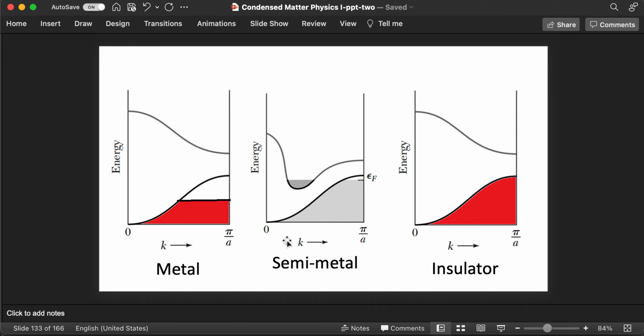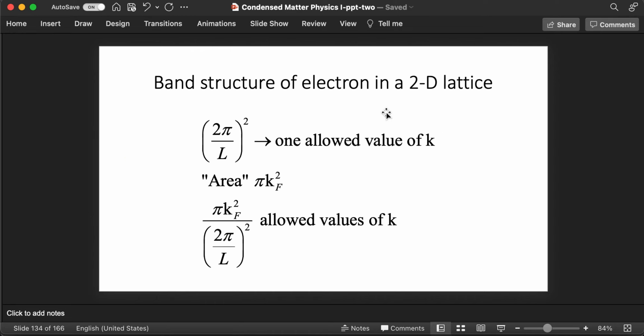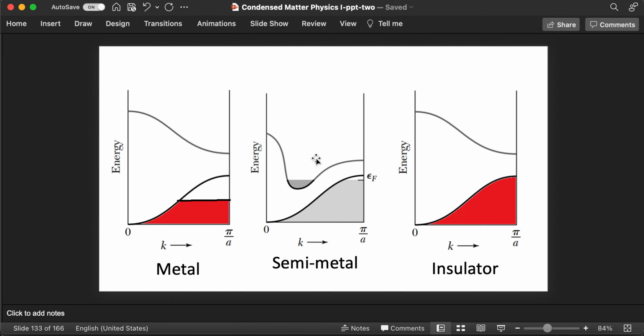Now, you may have studied in school that in this kind of situation, instead of all these electrons moving, I can think of the empty states here moving in the opposite direction, and that's called hole conduction, and this is electronic conduction. So we can study why this is necessary and how this band overlap comes about as well. So that's what we're going to do now. We're going to look at band structures of an electron in a 2D lattice and appreciate how these things come about in the next video.